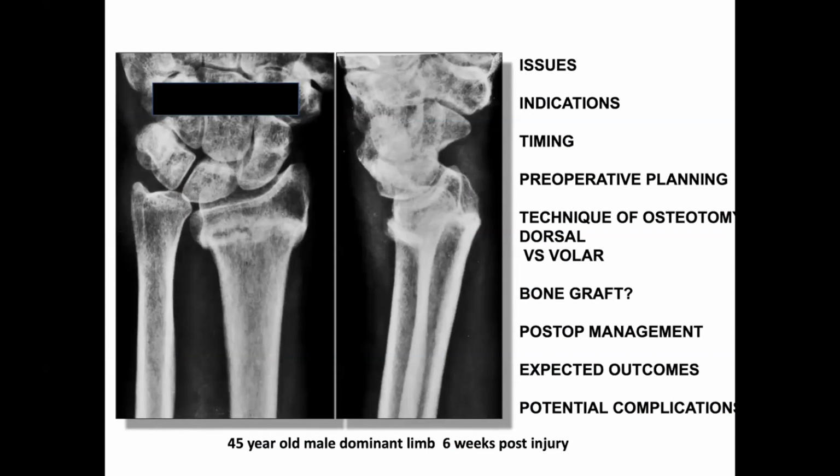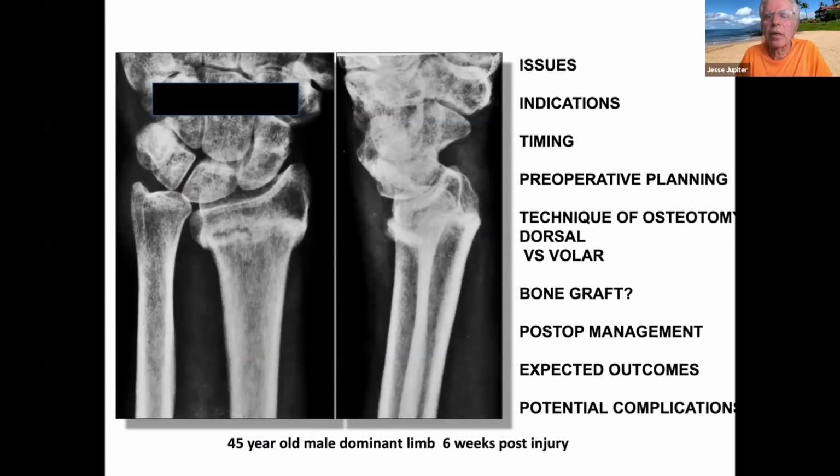I honestly believe that testing DRUJ stability intraoperatively is incredibly subjective, even if you compare it to the other side. I mean, there sometimes is gross instability, but I think it's very, very difficult to test. So I probably would stage it. Thank you.